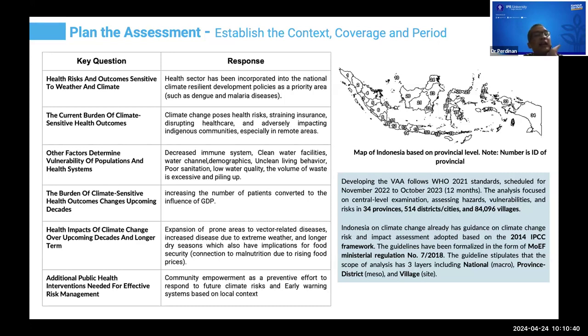The key questions relate to health risks and outcomes sensitive to weather and climate, how they respond in Indonesia, and the current burden of climate-sensitive health outcomes. We do literature review, FGDs, etc., to get these responses. Other factors determine the vulnerability of the population, the burden of climate-sensitive health impacts, and additional public health interventions for effective risk management. So we consolidate and compile all the input following all the steps that were already explained by Carlos previously.